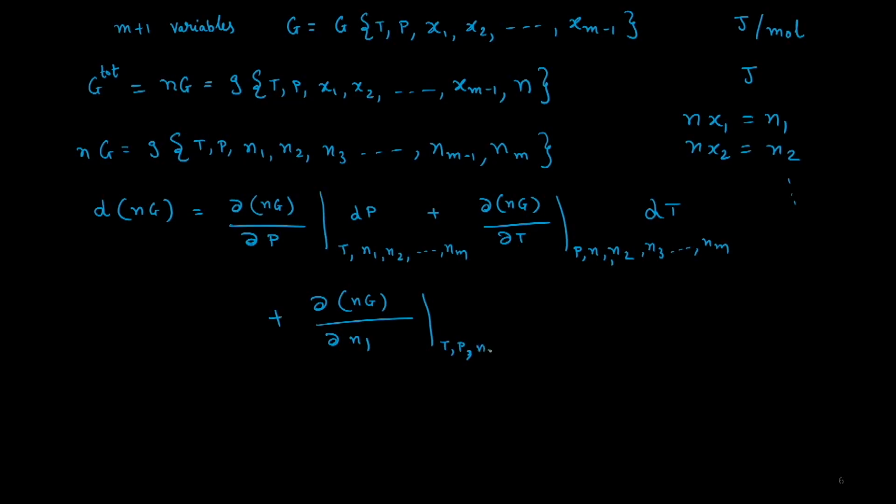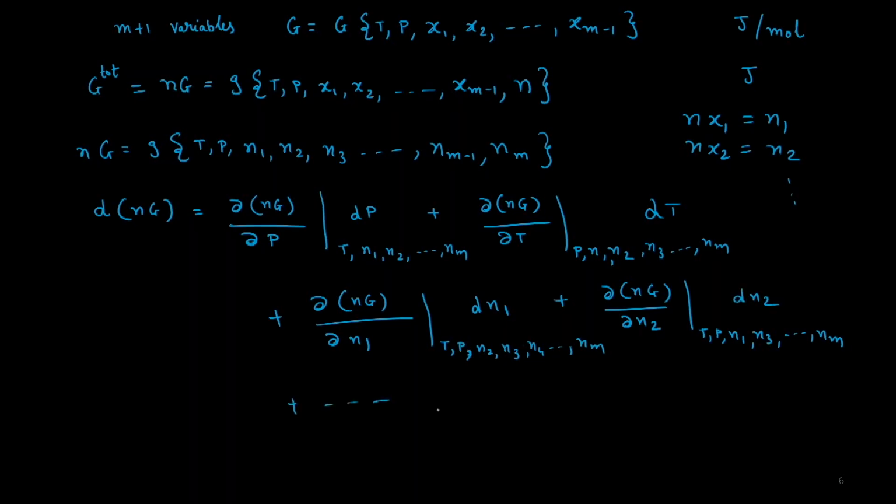In this case, they turn out to be N2, N3, N4, so on, Nm, dN1, plus the derivative of NG with respect to now component 2, N2, when I hold temperature, pressure, N1, N3, all the way through Nm, everything except N2, times dN2, plus so on.